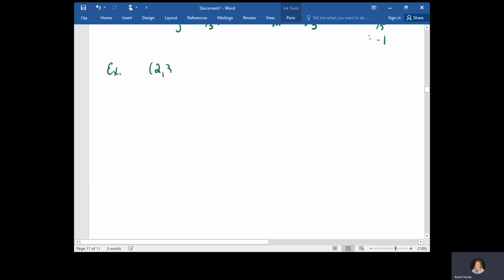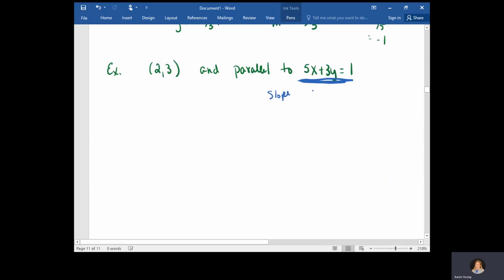I want the equation of a line that passes through the point (2, 3) and is parallel to 5x plus 3y equals 1. So again, the first thing I have to do is find the slope of that equation. Since it's got to be parallel to this line, I've got to know the slope of that line.